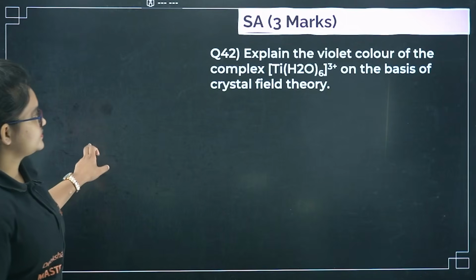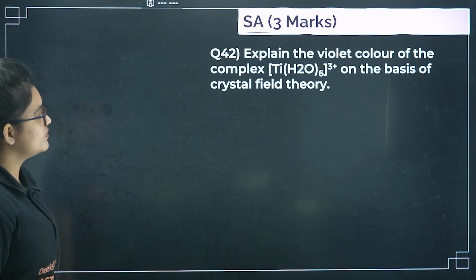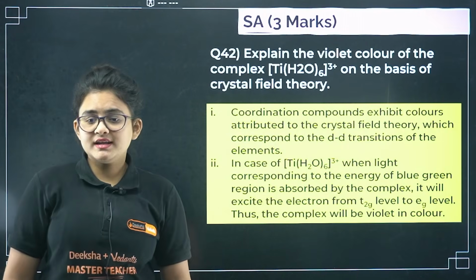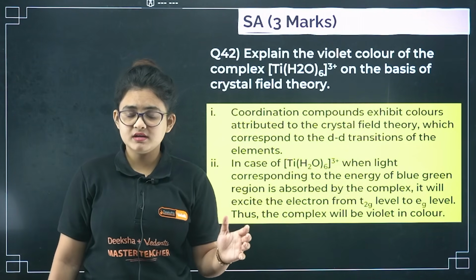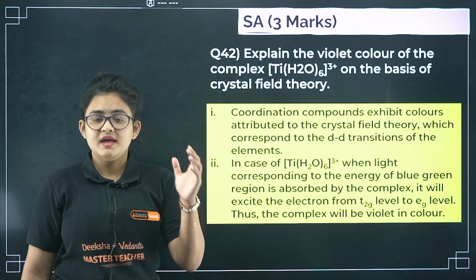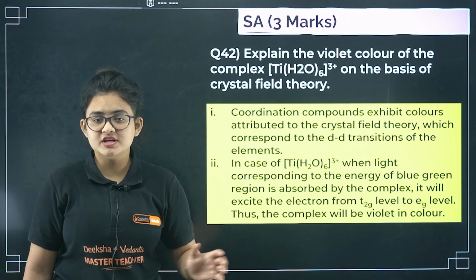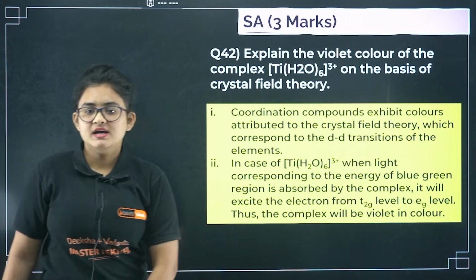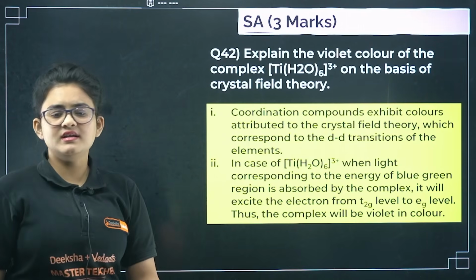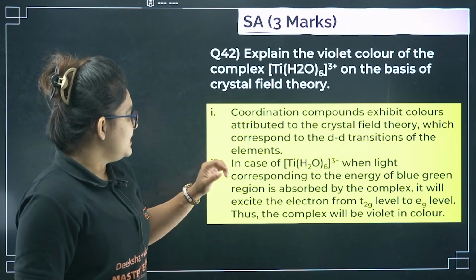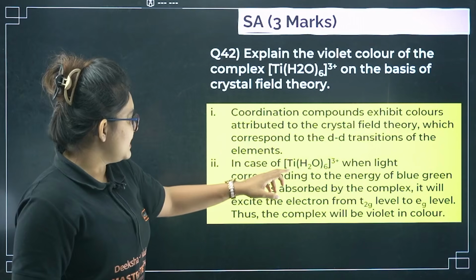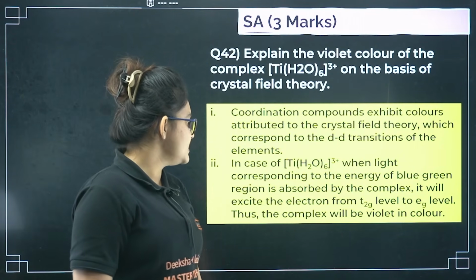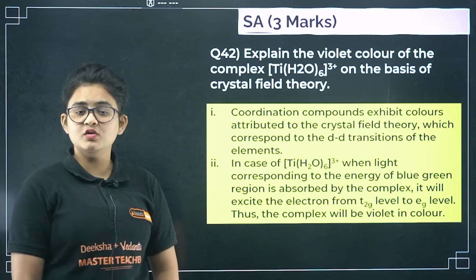Let's proceed. Explain the violet color of the complex [Ti(H2O)6]3+ on the basis of crystal field theory. Any complex compound exhibits color because of the d-d transition. In this case, when light corresponding to the energy of the blue-green region is absorbed by the complex, it excites the electron from the t2g level to the eg level.